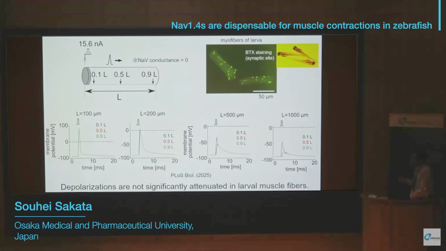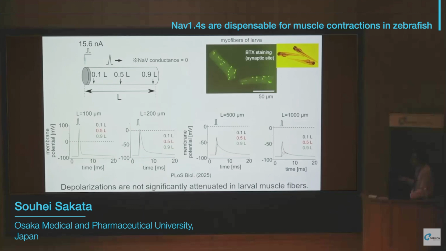Here's the result. When L is 100 micrometers, the depolarization at each point is almost the same, completely superimposed. That means no attenuation. When L is set to 200 micrometers, the result is the same.